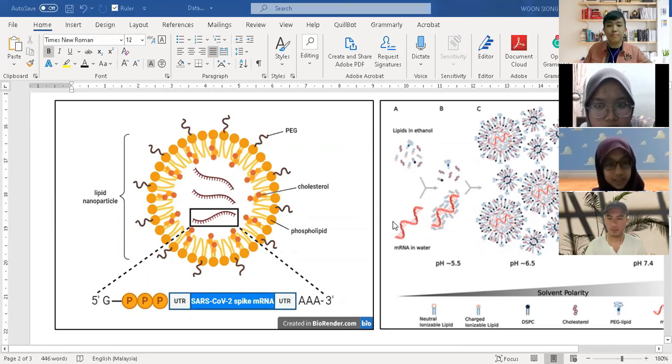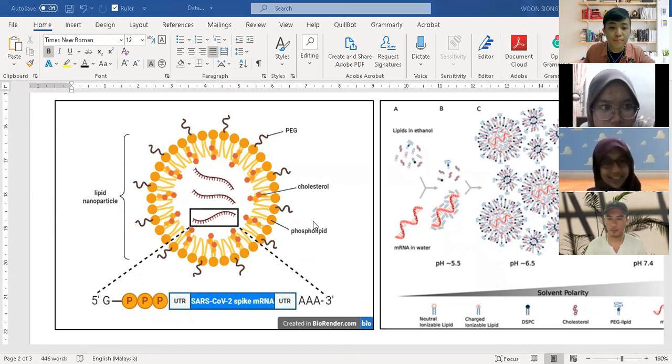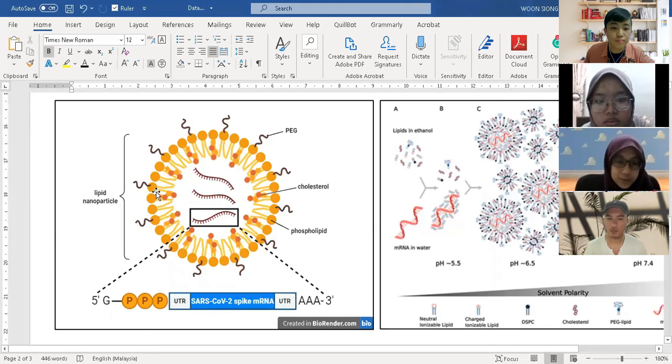Actually, this part is quite easy. As you know, we use lipid nanoparticles as the ball that encapsulates the SARS-CoV-2 mRNA. The mRNA is not just inserted like that.